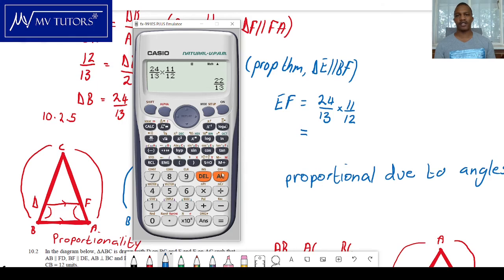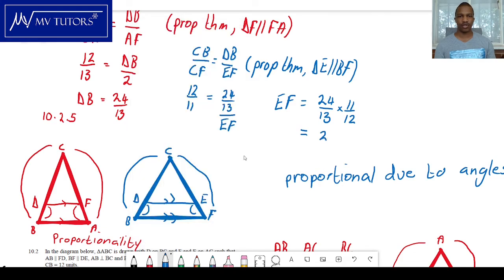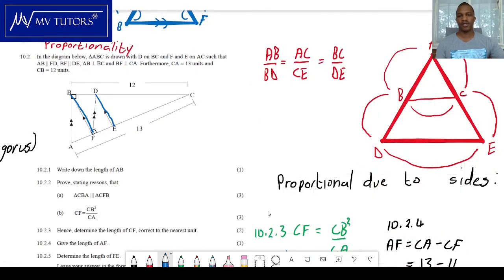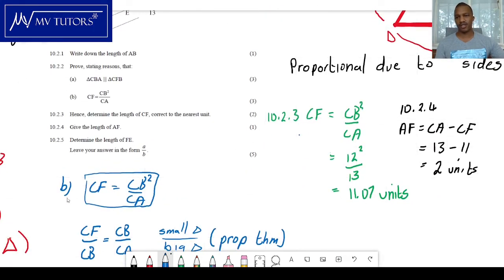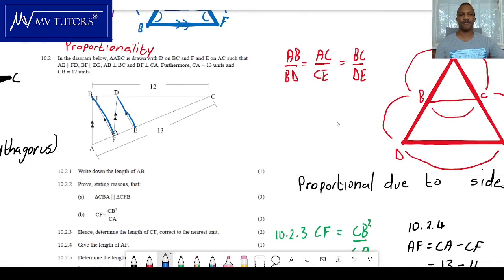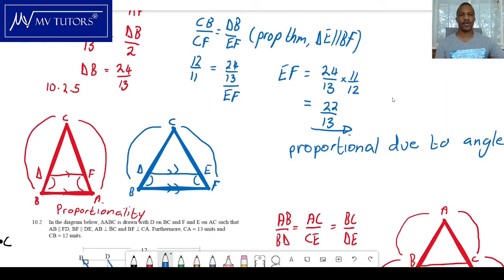My final answer is 22 over 13. Oh, wait a minute, I think they wanted it like this, 22 over 13. That's my EF. The reason I say they wanted it in fraction form is because they told us here to leave your answer in the form A over B, which is just a fraction. Okay, so there we go.